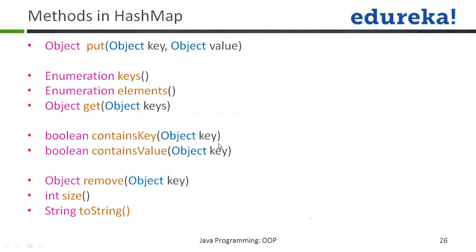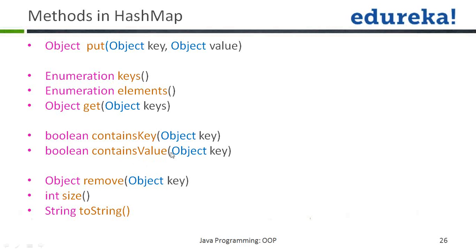Moving on, there are several methods available with hash maps as well. You have got the put method, object key and value, a simple method. Enumeration keys will fetch the keys, enumeration element fetches the elements. Object get: you pass the key and you'll get the value that is associated with that particular key. Contains key: if you want to check whether this key is present in this hash map or not, you'll be using containsKey.